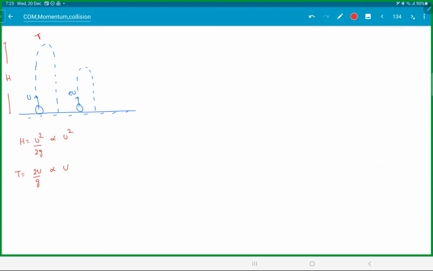So remember, every time the speed becomes e times, the height becomes e square h. Time becomes e times t. Now your speed is e square u. So it is e square squared, so e power 4 h, and time is e square t. So this is how the sequence forms.